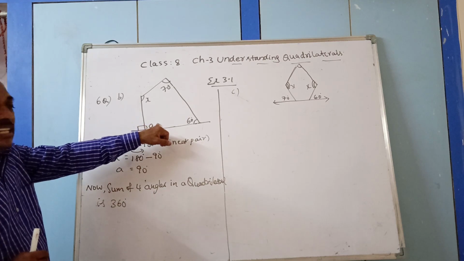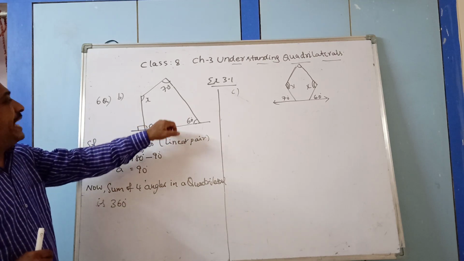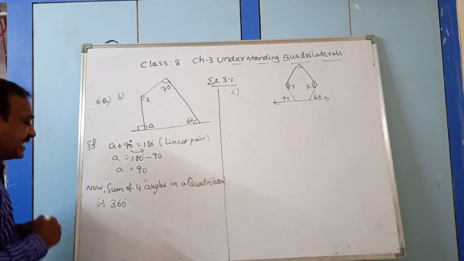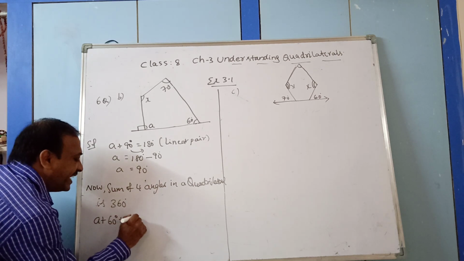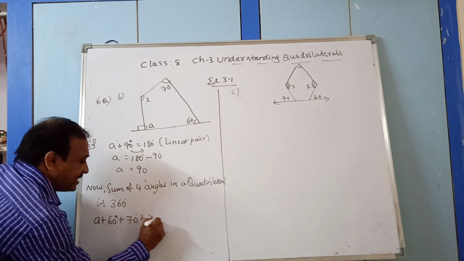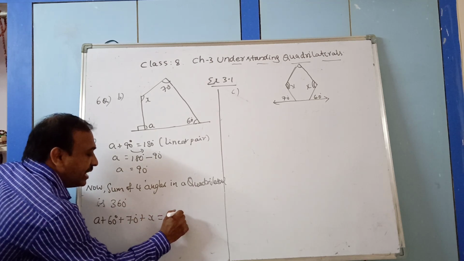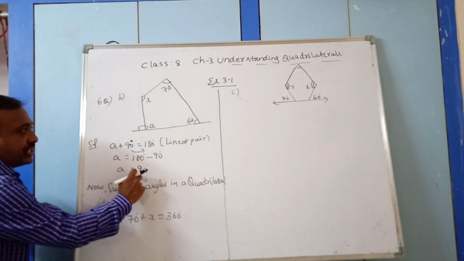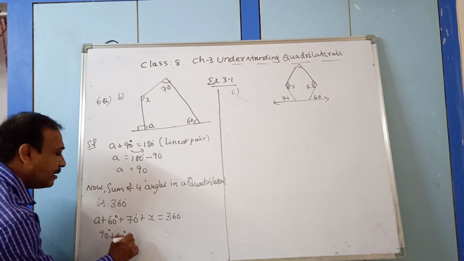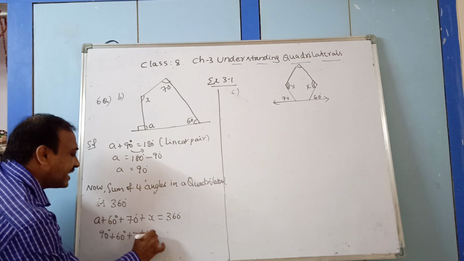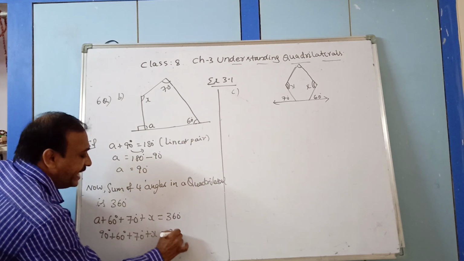Because it didn't mention anything, I assumed A. A plus 60 plus 70 degrees plus x is equal to 360. What is the measure of A we got? 90. So 90 degrees plus 60 plus 70 plus x is equal to 360.